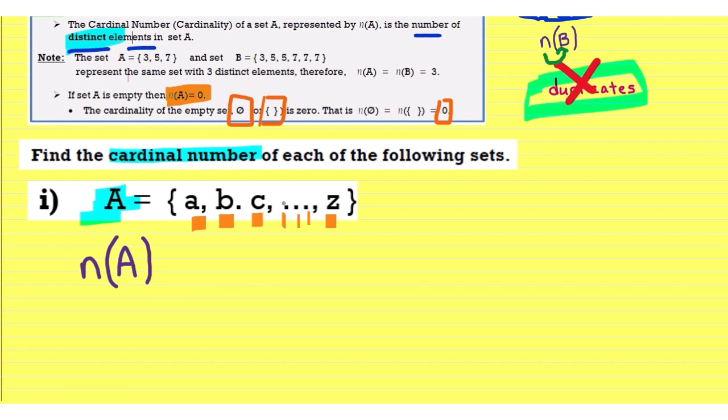So ABC means all the ABCs, A, B, C, D, E, F, G, H, I, J, K, L, M, N, O, P, et cetera, until we get to the letter Z. So if you know how many letters are in the alphabet, you do know that there are 26 elements in this set. So we would say the cardinality of set A is equal to 26.